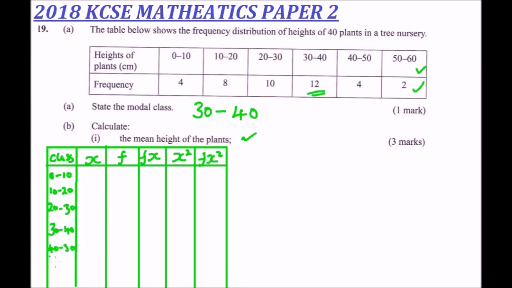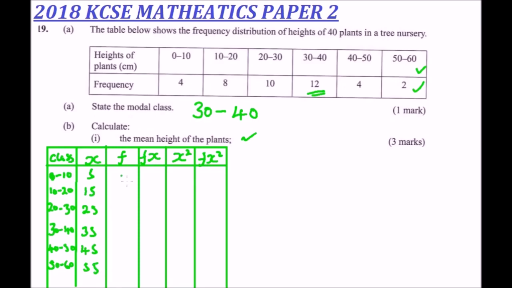We have 50 to 60. So those are our classes. The midpoint of 0 to 10 is 5. The midpoint between 10 and 20 is 15. We have 25. We have 35. We have 45. And we have 55.